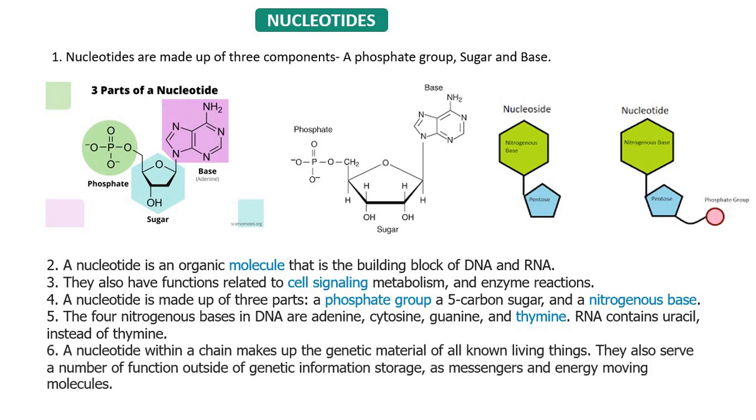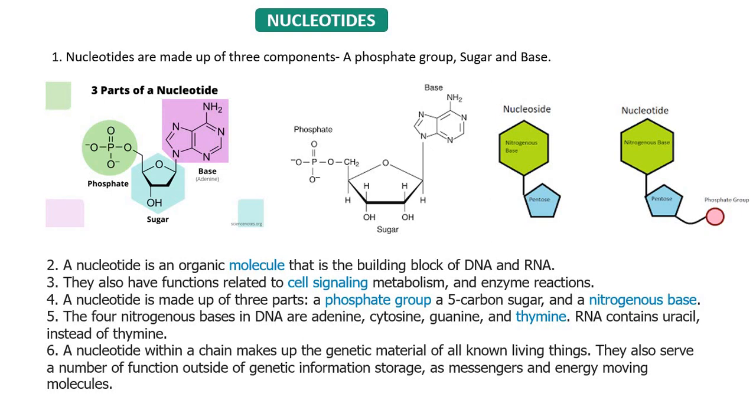Now, nucleotides within a chain make up the genetic material of all known living things. That means in any living cell there are nucleotides, and from those nucleotides there is a formation of genetic material, which will be either DNA or RNA. They also serve a number of functions outside genetic information storage.